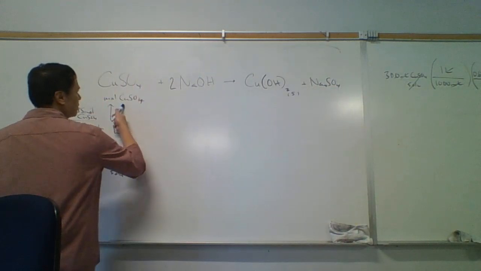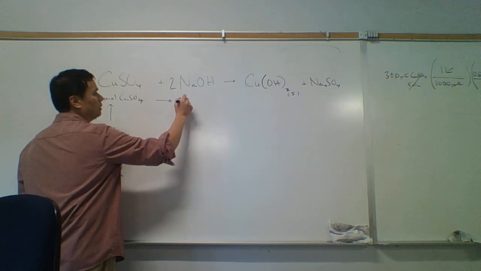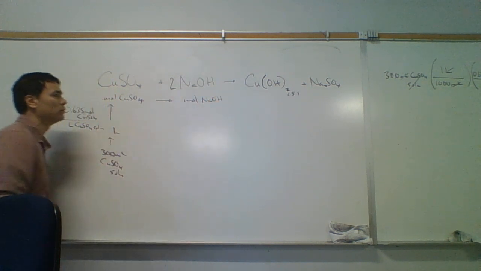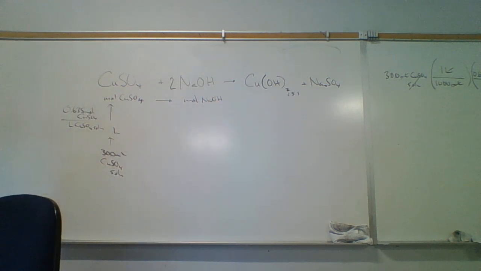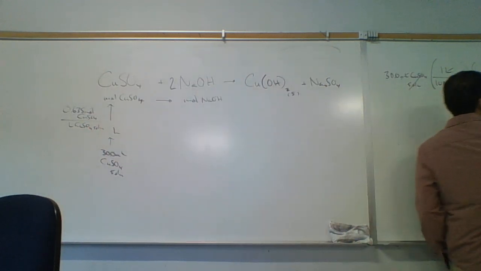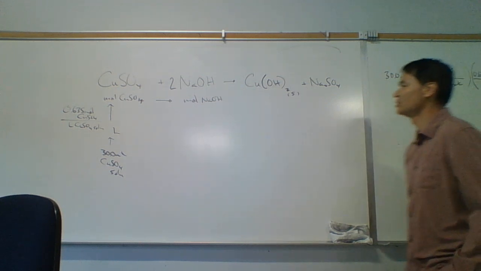Once I have moles of pure copper-2 sulfate, then I can go to moles of pure sodium hydroxide using the mole ratio. What's the mole ratio here? Mole ratio is a 2-to-1 mole ratio. Got that here. 2 moles of sodium hydroxide for every 1 mole of copper-2 sulfate. Now we're at moles of sodium hydroxide.